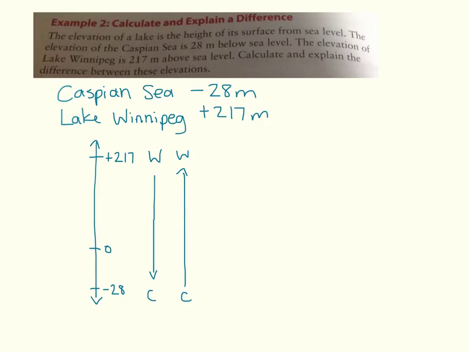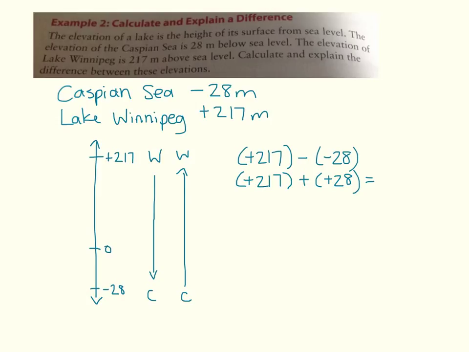So if we were looking from Winnipeg down, we would have positive 217 minus negative 28. We already know that we can write this as an addition problem instead of as a subtraction problem, which would be positive 217 plus positive 28.